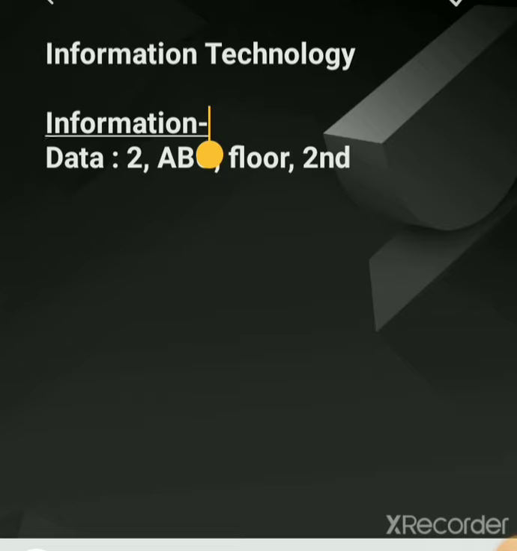Now, to make it meaningful, we have to organize this address properly. So how will I organize it? ABC first, that is the name, and it is the address of ABC, because if I enter data this way, we will not understand what it actually is.